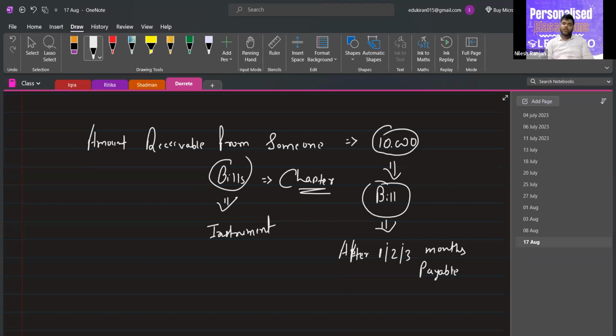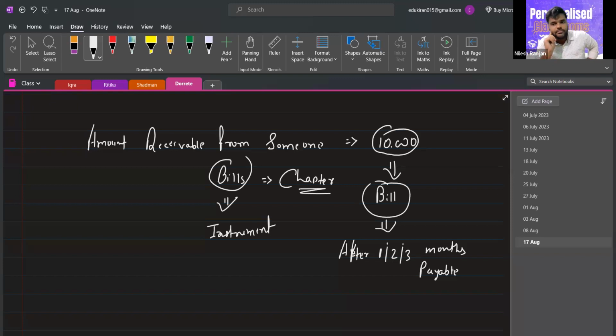But when you receive a bill, it means the amount should be paid within the specified time that is written in the bill. If it is written that after 2 months or on this date the amount will be paid, then the debtor will pay the amount on the due date of the bill.